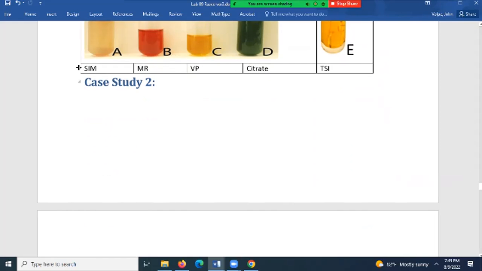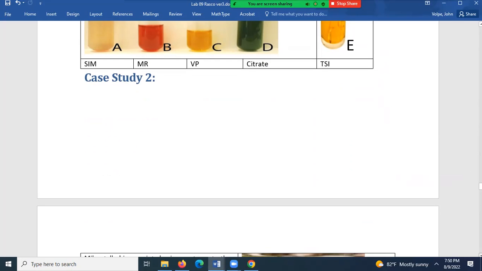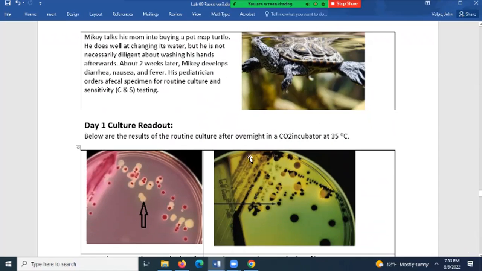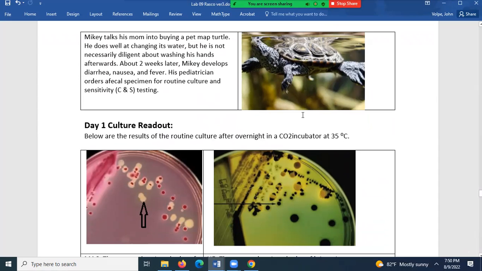Sorry, I don't know why there's not more space between here and there. Mikey has a pet turtle, and Mikey isn't good about washing his hands. About 2 weeks after getting the turtle, Mikey develops diarrhea, nausea, and fever. His pediatrician orders a fecal specimen for routine culture.